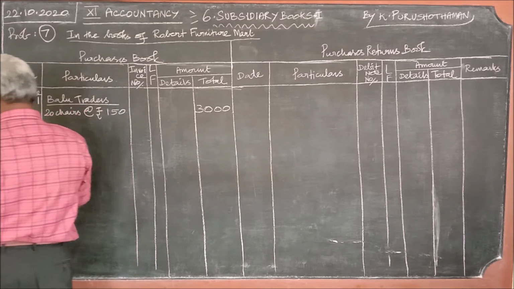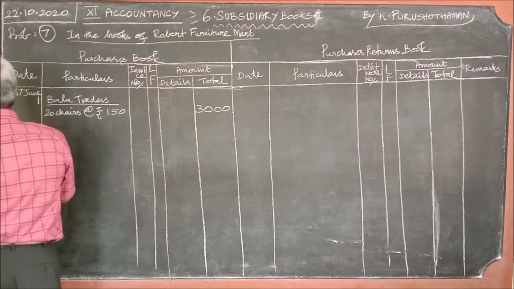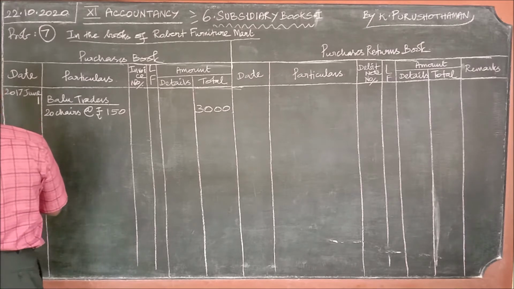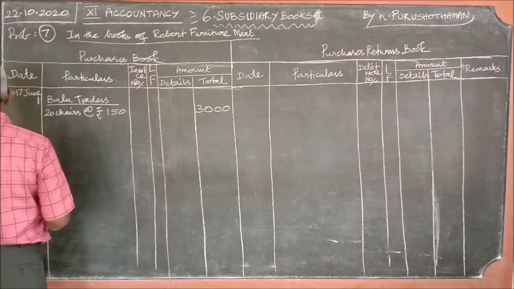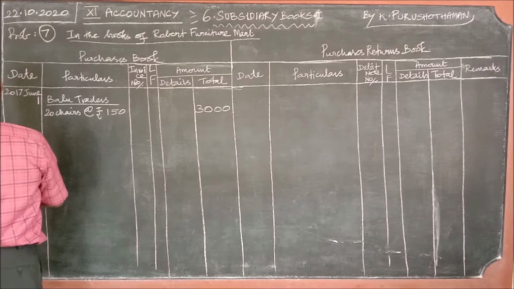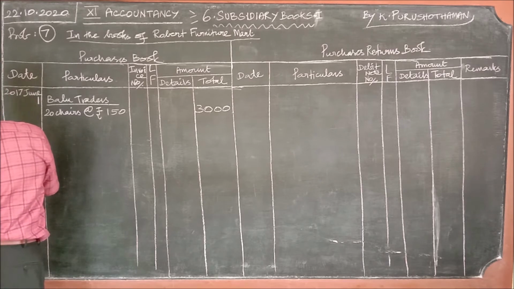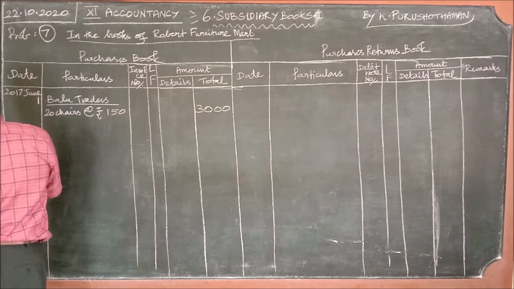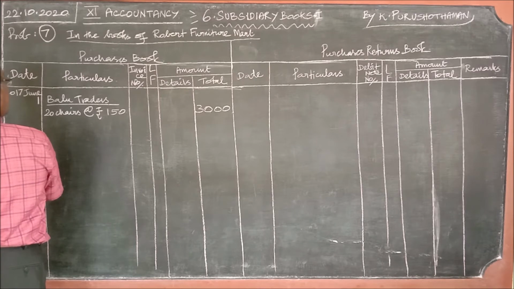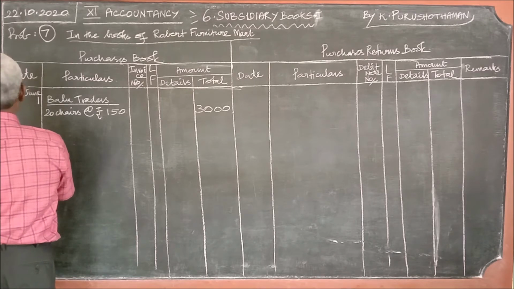Then the second one, on the 13th, bought from Subhash and Co. on credit. But all the items bought from Subhash and Co. are almirahs, tables and chairs. We must take more care in this.